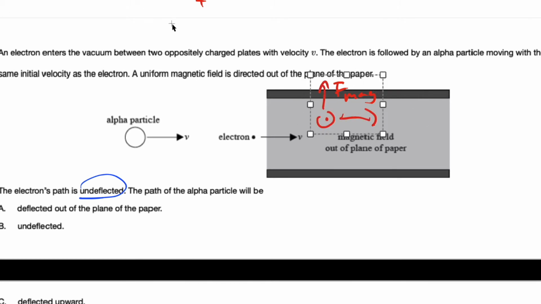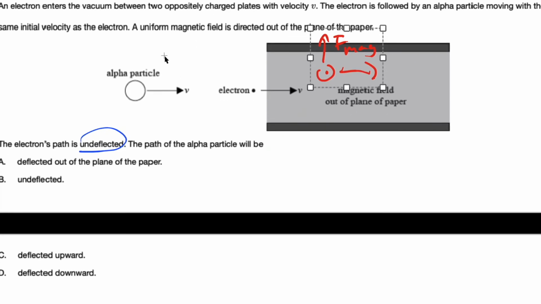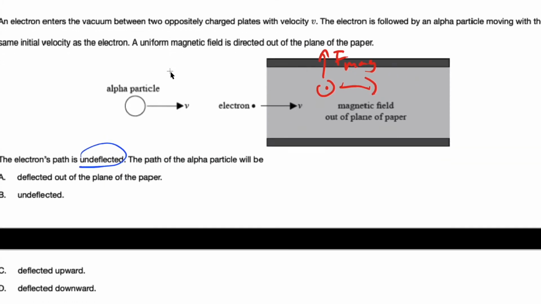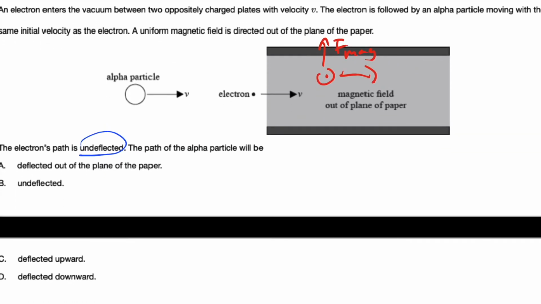So let me draw the whole thing in red. In order to be undeflected, there's got to be another force pointing downward that balances out, and this force must be due to the electric field, right? Because between two positively charged plates, there's going to be a force due to the electric field.